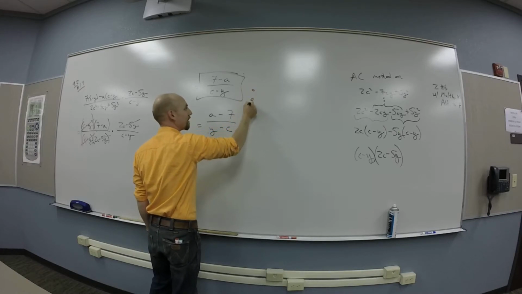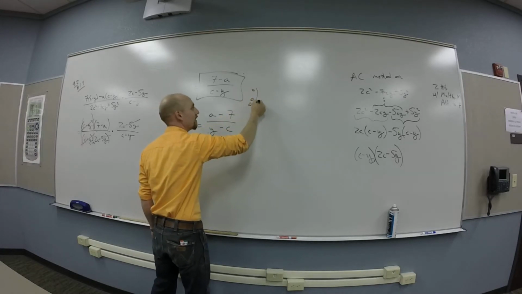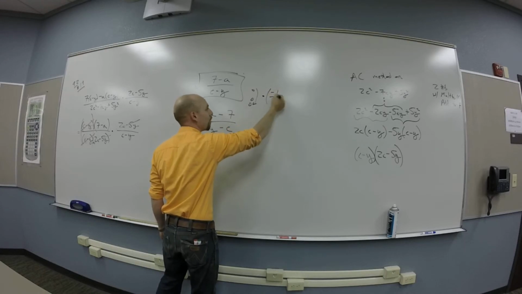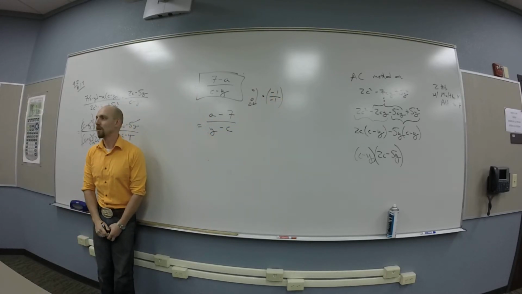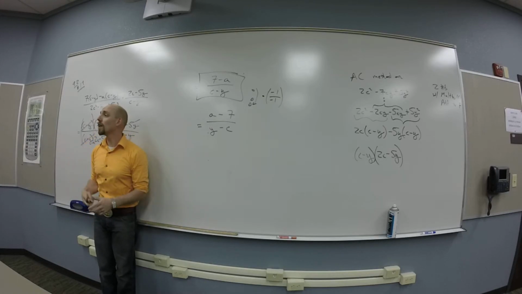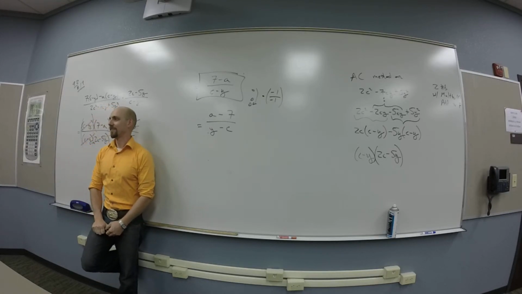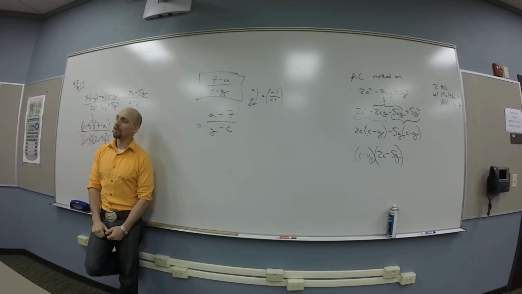So the thing you might think from here to there is multiply by negative 1 over negative 1. I don't know why they chose to do that, but these are the same thing, so they're not wrong.